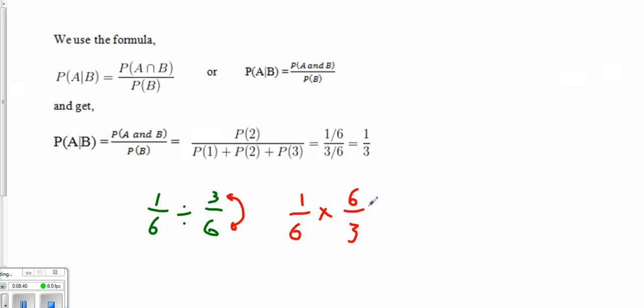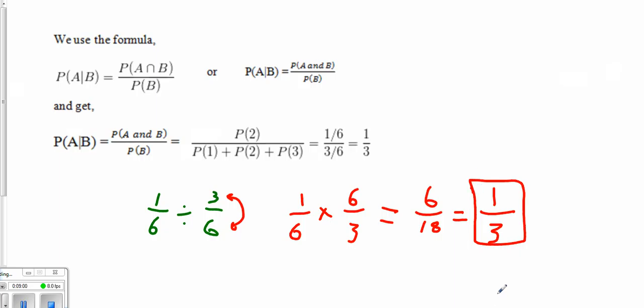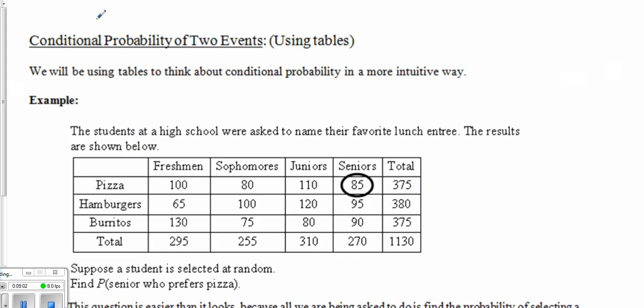When you divide fractions, it's the same as multiplying by the reciprocal. When you do this, this comes out to 6 over 18, which of course can be reduced to 1 over 3. So the probability of A, given that B was already a condition, is 1/3, which is exactly what we calculated out before. So it should all work out.